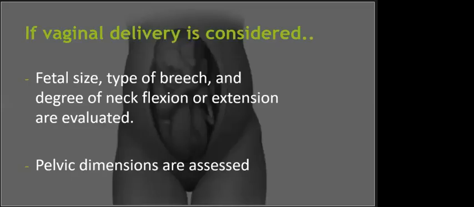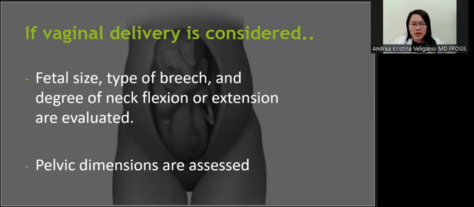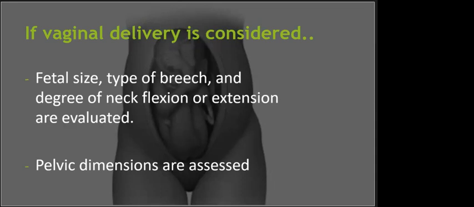If you consider vaginal delivery for a breech, you should know the fetal size. The degree of neck flexion or extension is evaluated. In the olden times, we used to have X-ray pelvimetry in order to see the fetal structure, how extended or how flexed the head is.